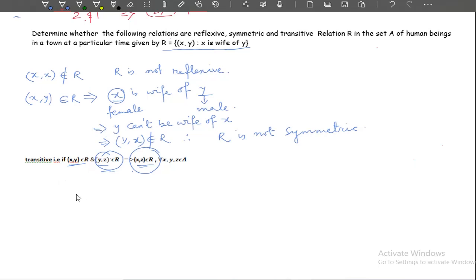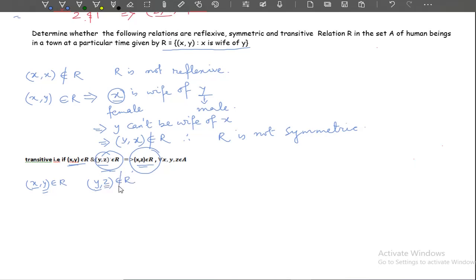Now coming to this particular problem, let (x, y) belong to R. So x is female, y is male. Now can it happen that (y, z) belongs to R? y is a male. In our societal norms, in our present definition of the word wife, y cannot be wife of someone else.